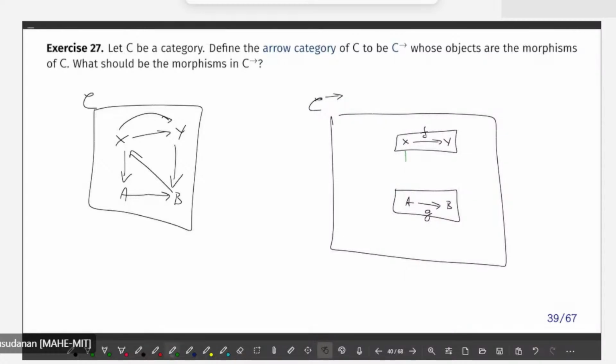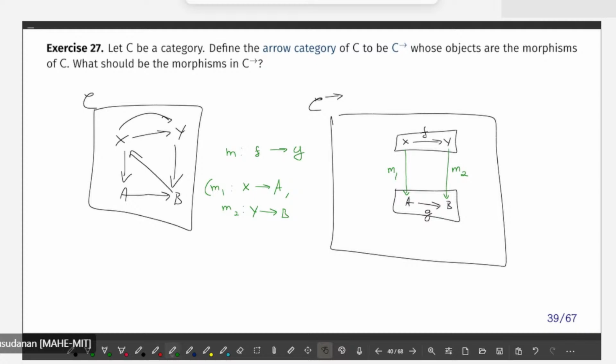Because you need to connect X to A, Y to B. So now your morphism from F to G is really a pair of morphisms, one from X to A, and another from Y to B, where actually, I should really say, domain of F to domain of G, codomain of F to codomain of G. That's a general way of writing.